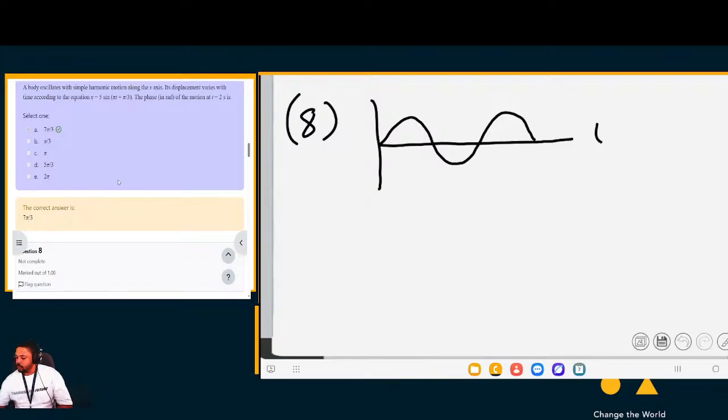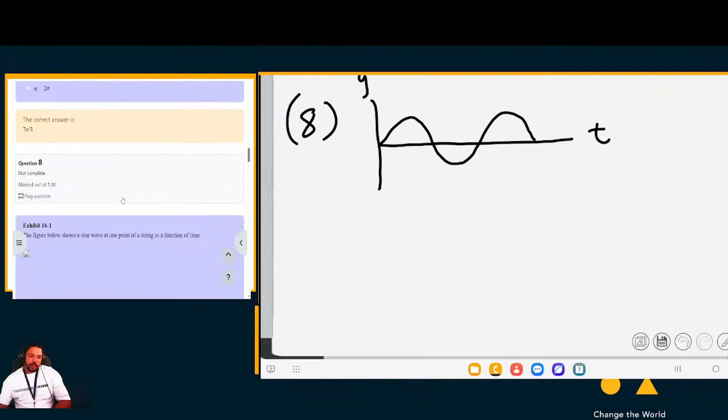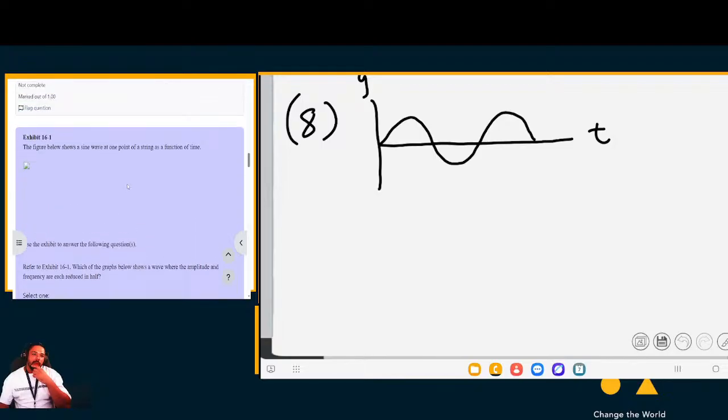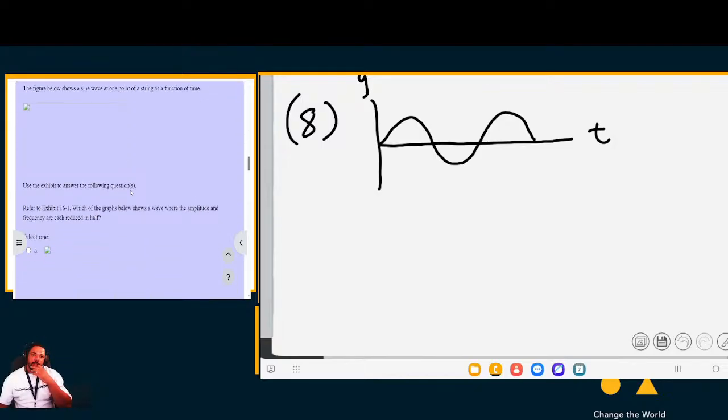This is time, this is y, that is a wave. This is the sine wave at one point of a string as a function of time. So this is what should be in that figure there. 16.1.